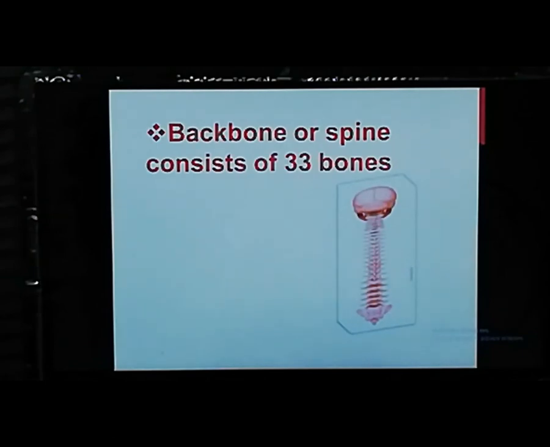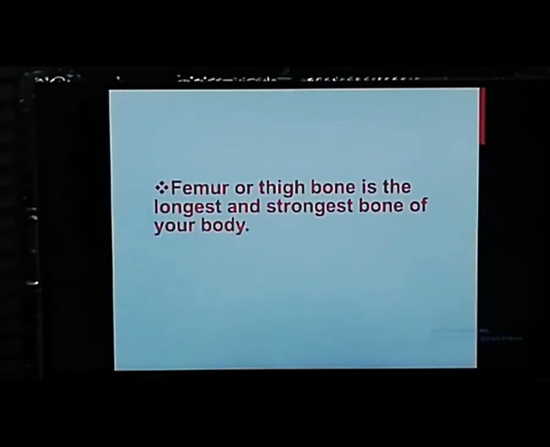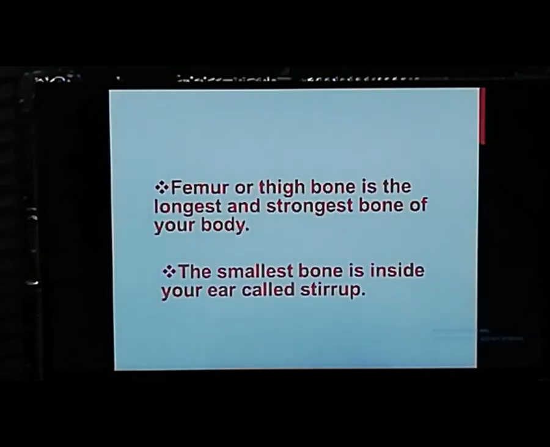Our backbone, our spine, consists of 33 bones. Our femur, our thigh bone, is the longest and strongest bone of our body. And the smallest bone is inside your ear, called stapes.